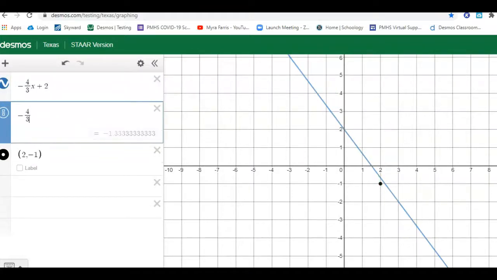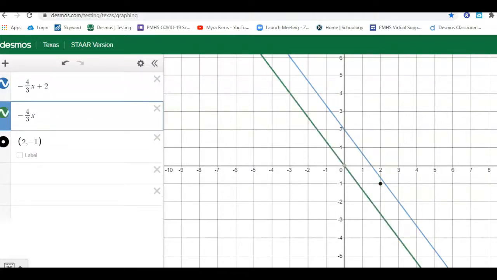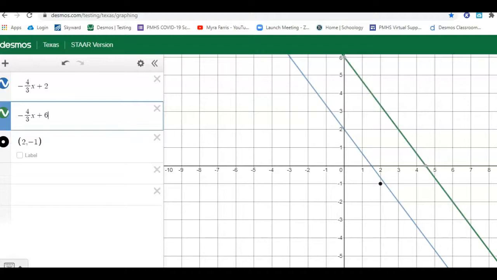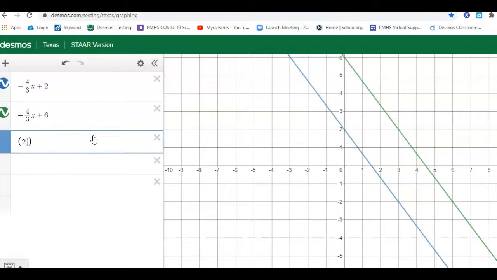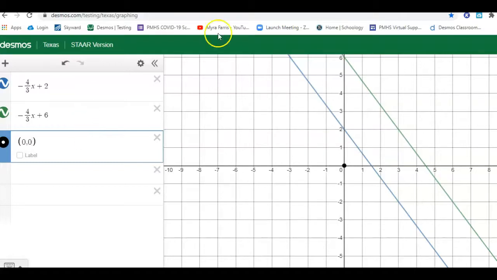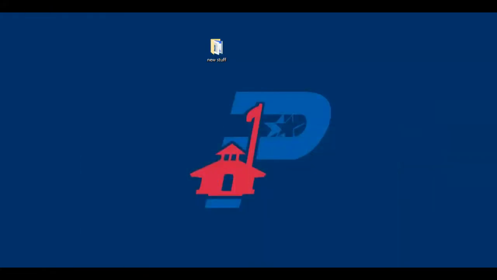Negative 4 divided by 3, x plus 6. Is there an intersection point? Why isn't there an intersection point? Do you have an intersection point when there's a parallel line? So what do I write over here on my paper?